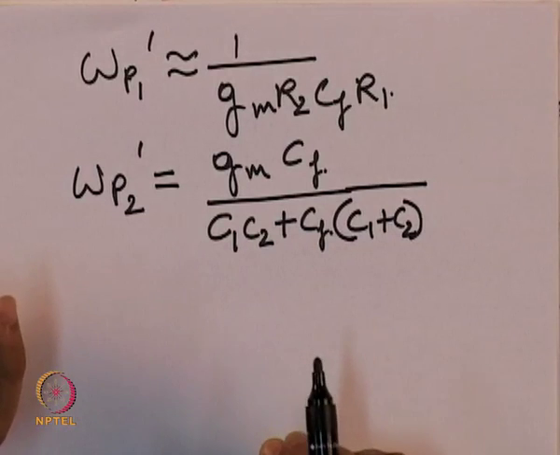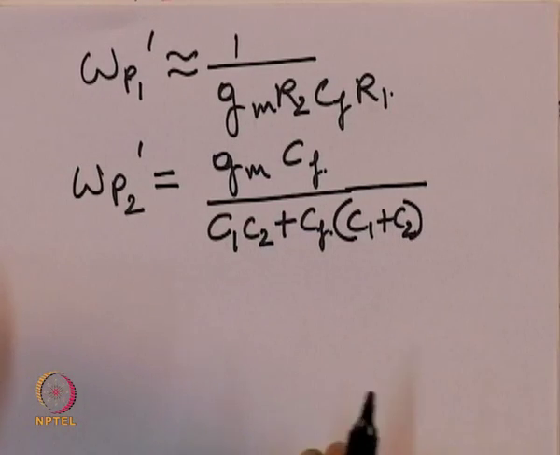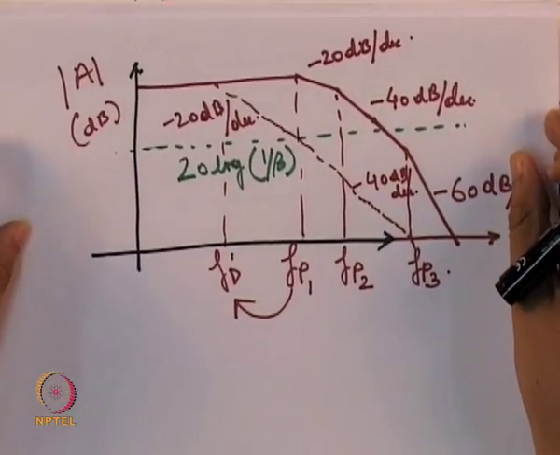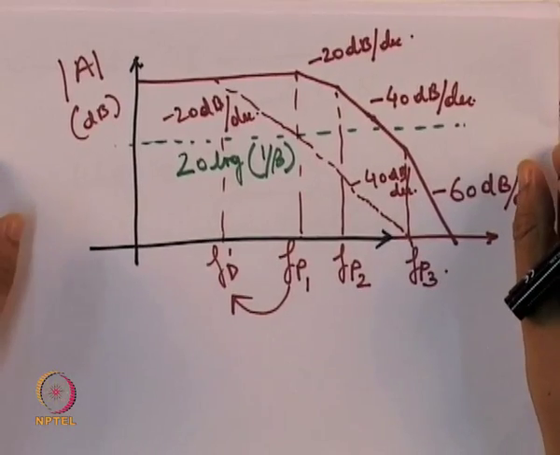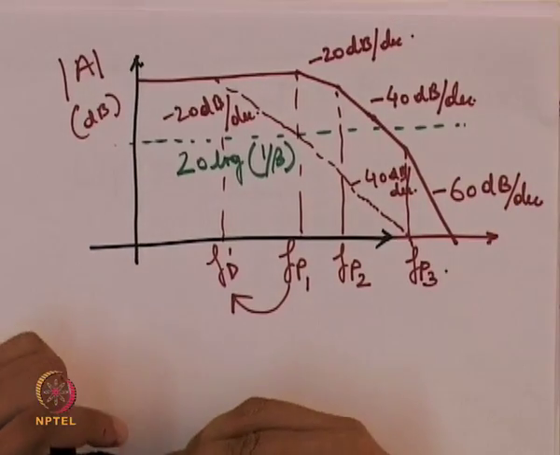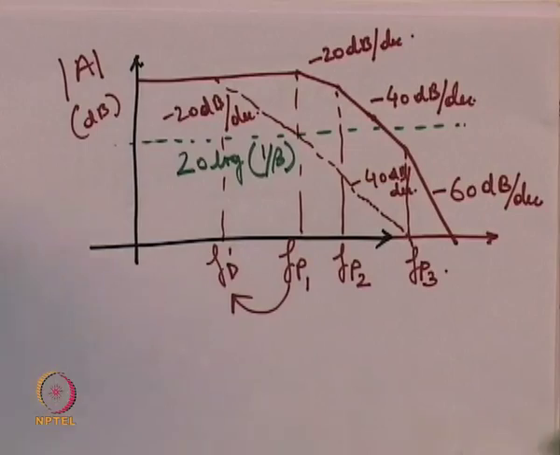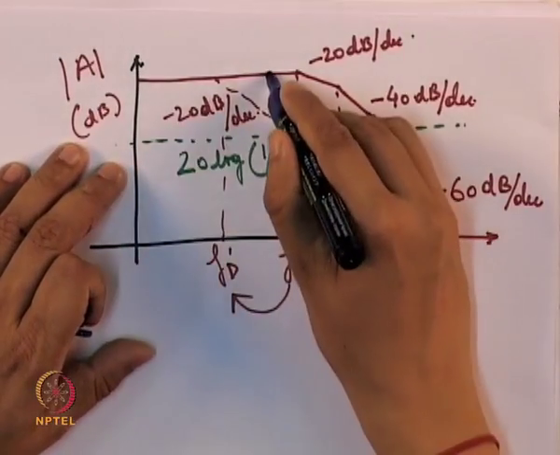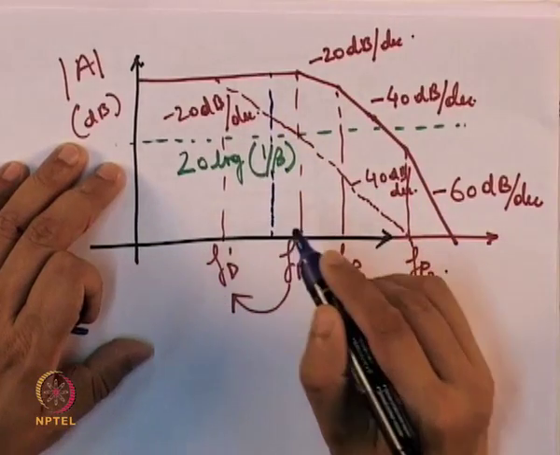now. What is important to note is that if we go back to our Bode plot, then what happens here is that this Fp1, let me use a blue pen, Fp1 shifts to this value.